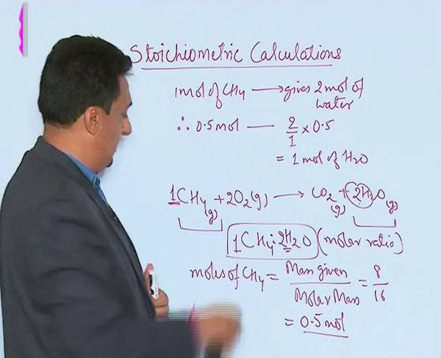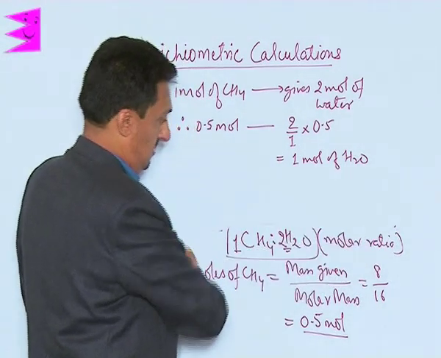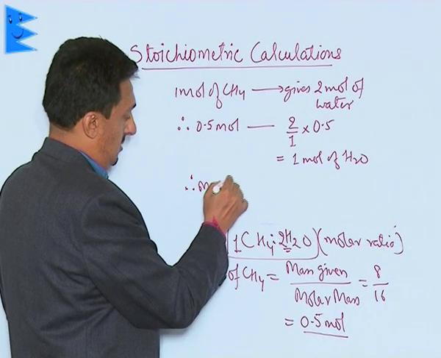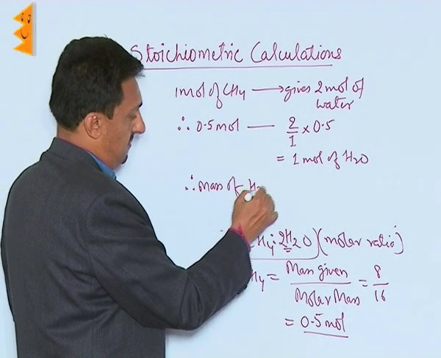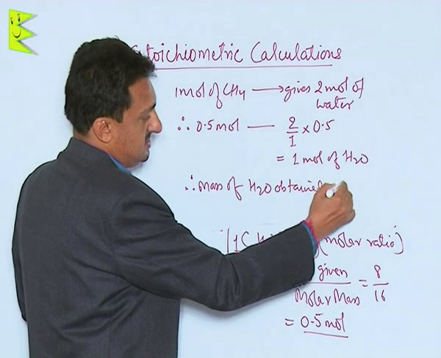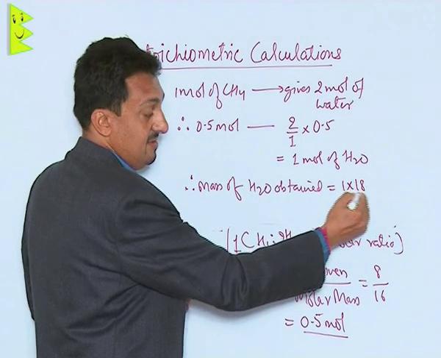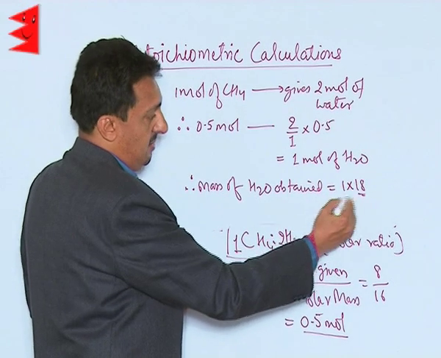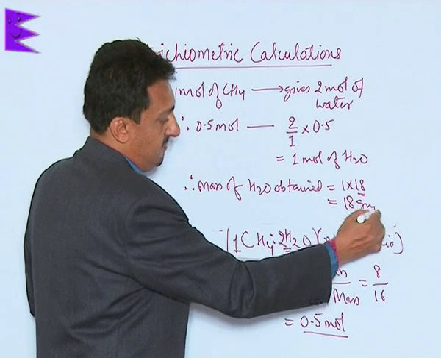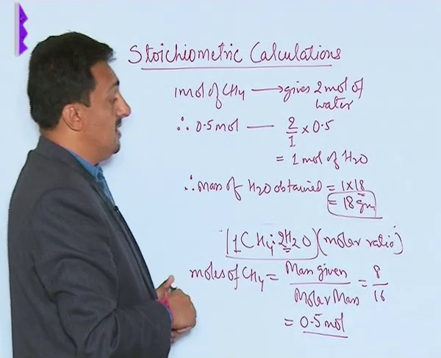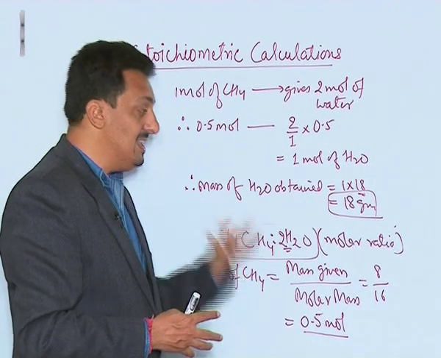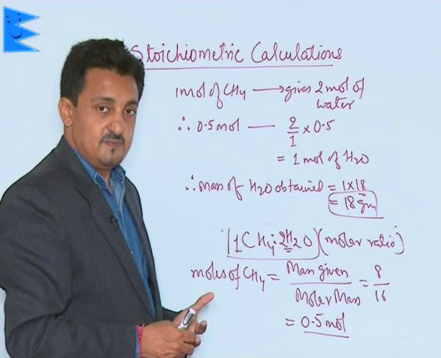And 1 mole of water means, therefore, the mass of water obtained is 1 into 18, which is its molar mass, so it will be 18 grams. So the answer is that 8 grams of methane on combustion gives 18 grams of water.